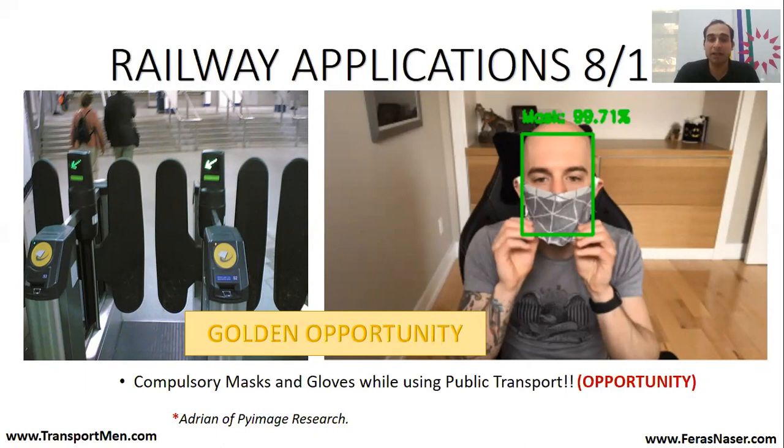And every railway company CEO was thinking how can I run my operation safely during COVID-19, how can I make sure that my infrastructure is not transmitting the virus, how can I make sure that people are safe within my railway environment from a health perspective.